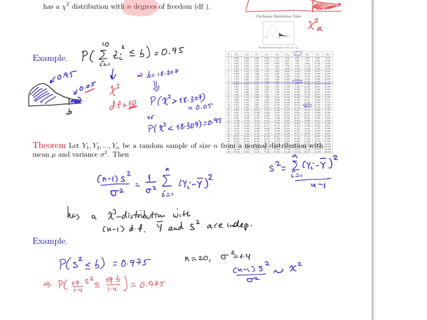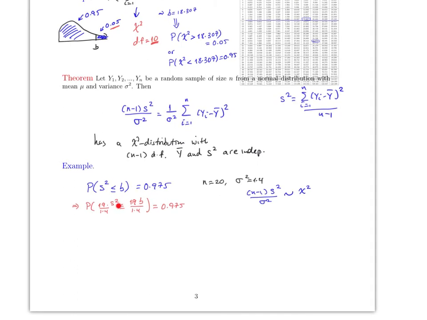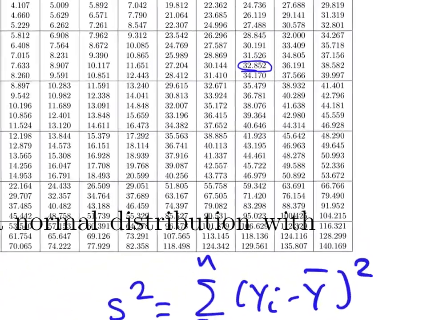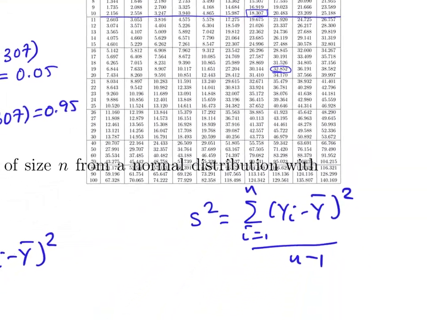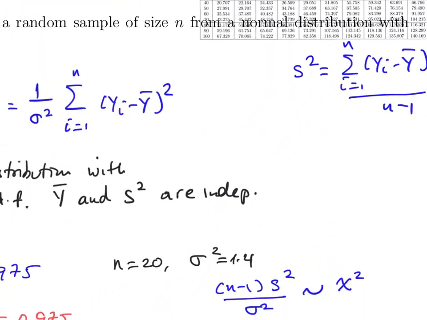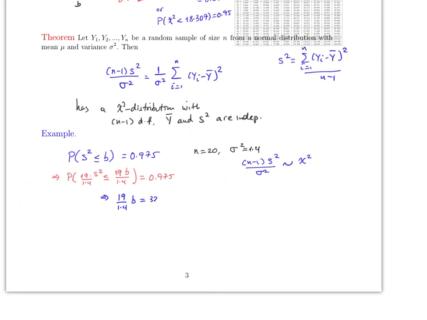So therefore, this implies that 19 over 1.4 times b has to equal this value, 32.852. And then you solve for b, which is basic algebra, and that means b would be 2.42.